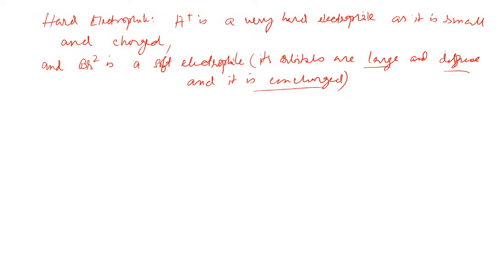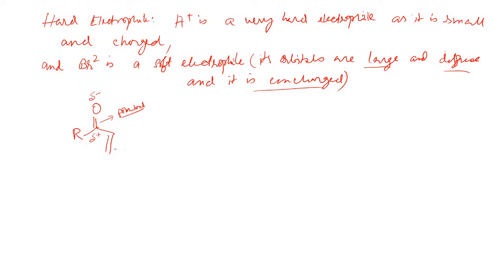We can see one example, an alpha beta unsaturated ketone. All of you know this bond, the carbonyl, is a polar bond. Because the oxygen is electronegative, there will be a delta minus charge on the oxygen and a delta plus charge on the carbon atom.